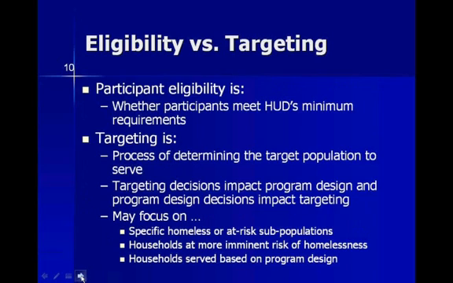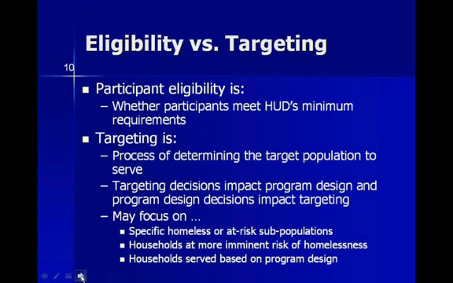So there's kind of a circular idea here that the decisions that a community makes around targeting will impact decisions around the type, level or duration of assistance a program offers a participant or a household, and at the same time, program design decisions will impact the target population that is best served by a program.